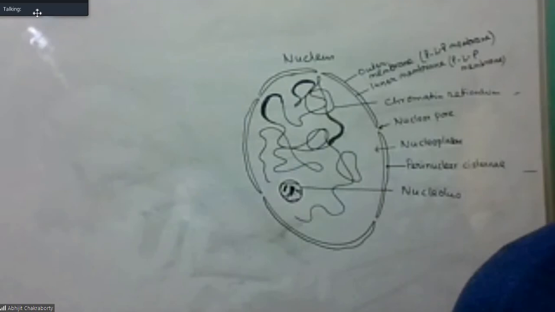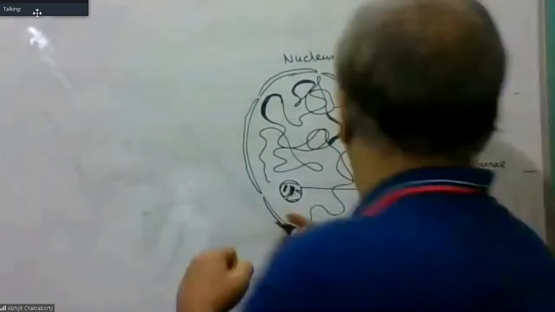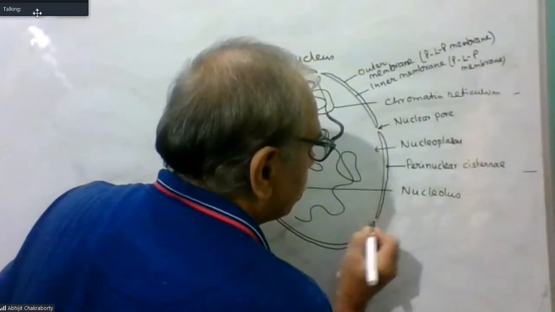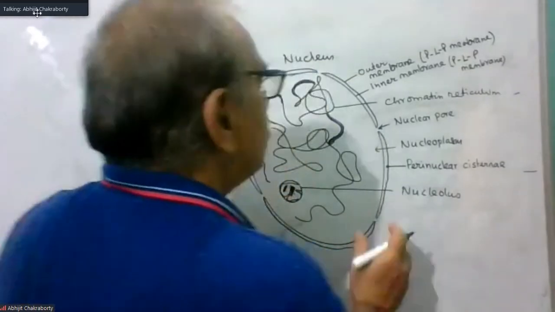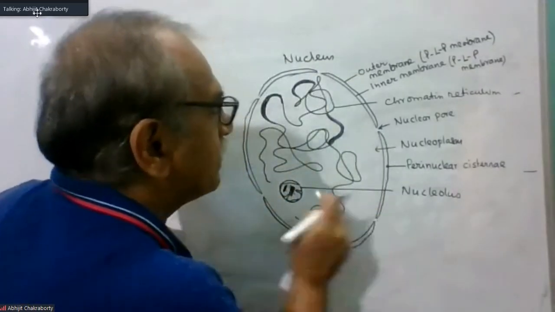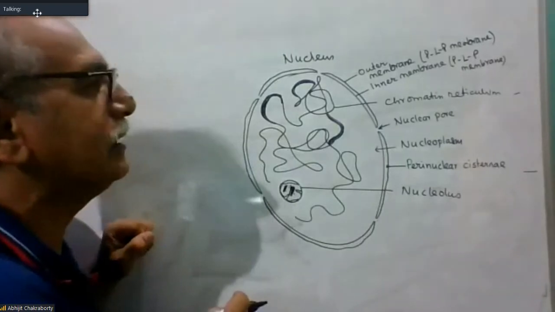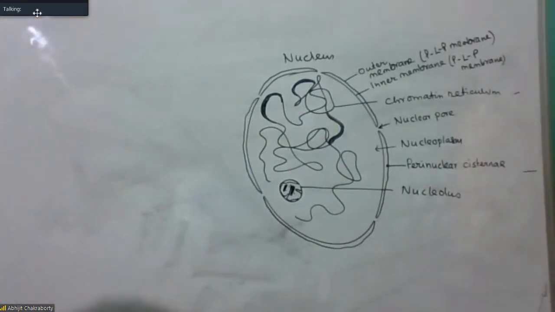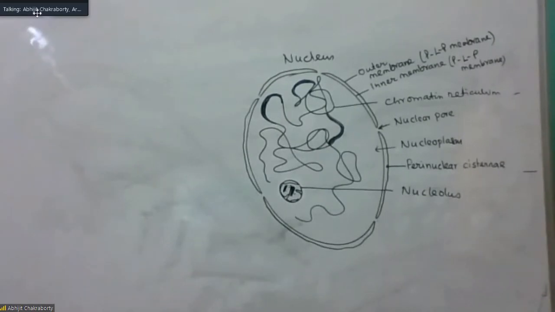This is the perinuclear cisternae. At the nuclear pore, each one is a nuclear pore, through which exchange of material takes place between nucleus and cytoplasm. Is it clear to you? Yes, sir. So what I said regarding both is that they are unit membranes.